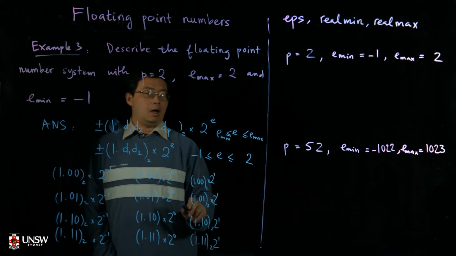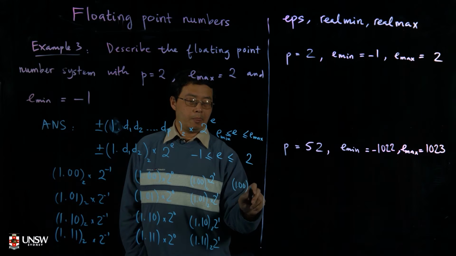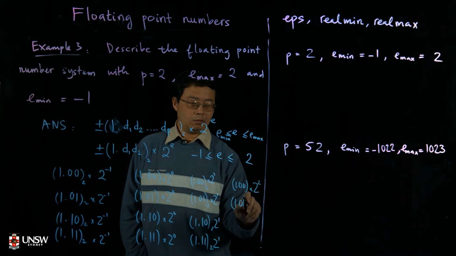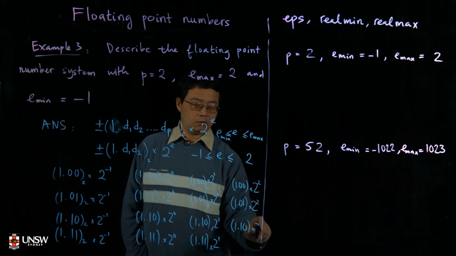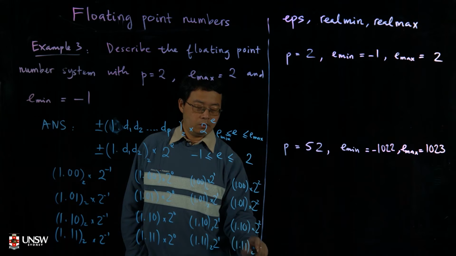The last power is 2 to the 2, so you have 1.10 and 1.11 times 2 to the 2.